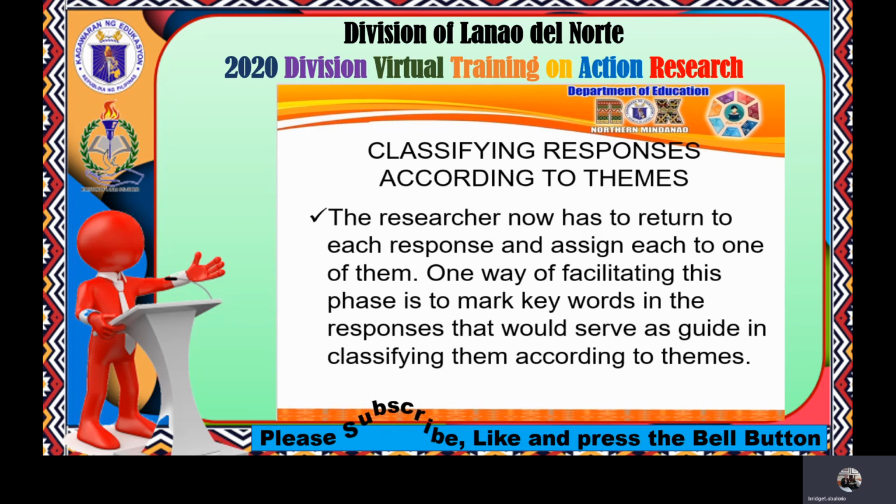So how are we going to classify responses according to themes? The researcher now has to return to the responses, as I said a while ago, and assign each to one of the themes. One way of facilitating this phase is to mark keywords in the responses that would serve as a guide in classifying them according to themes.